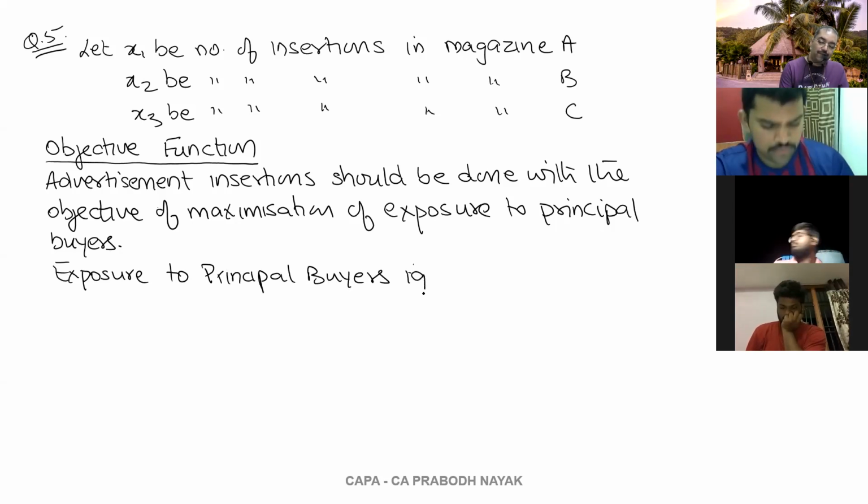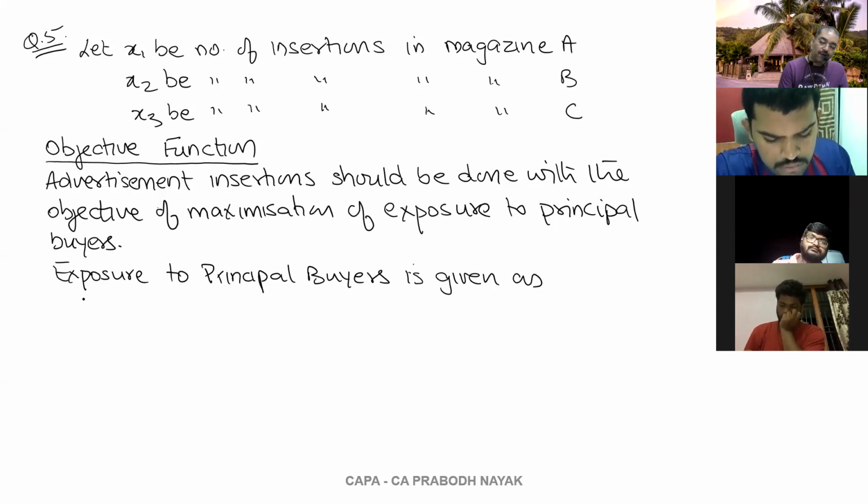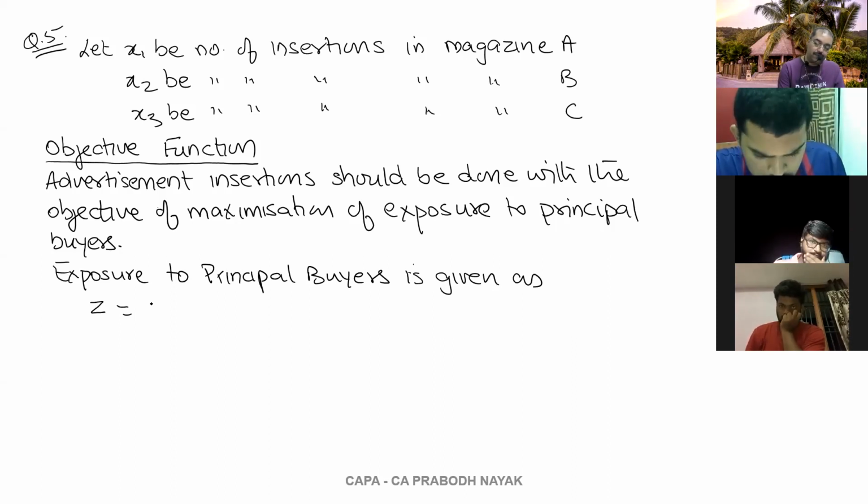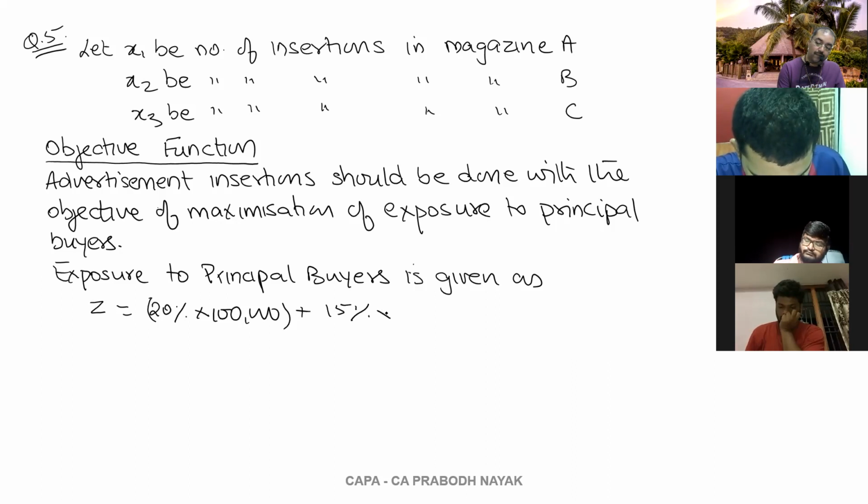Exposure to principal buyers is given as Z is equal to, for magazine A, 20% of 1 lakh. For magazine B, 15% of 60,000. And for magazine C, 8% of 40,000.